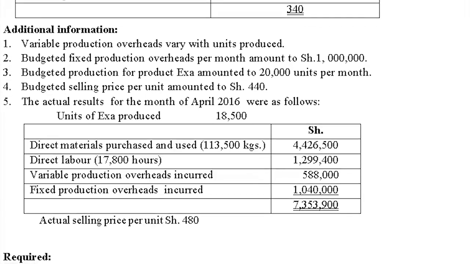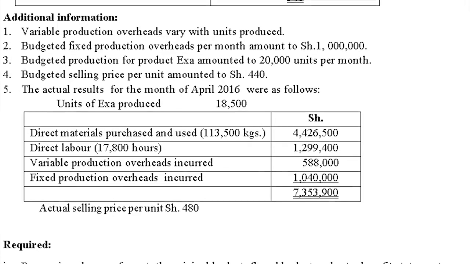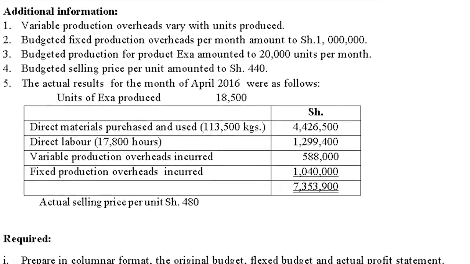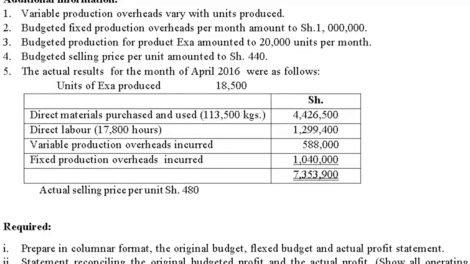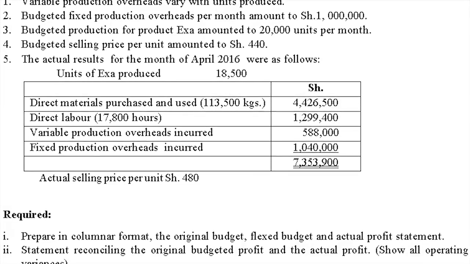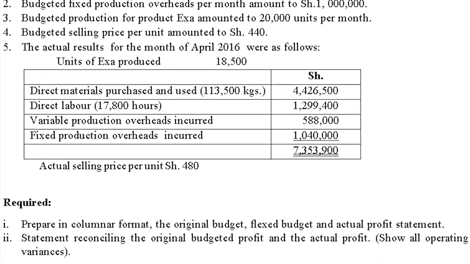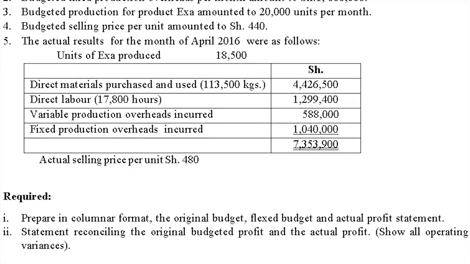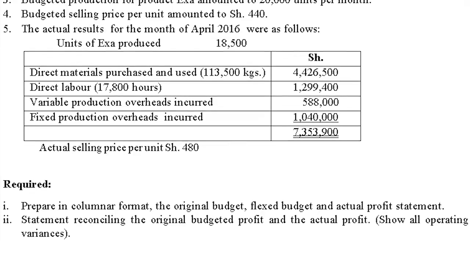Direct labor, 17,800 hours, 1,299,400. Variable production overheads incurred, 588,000. Fixed production overheads incurred, 1,040,000. Total of the actual cost is 7,353,900. Actual selling price per unit is shillings 480.